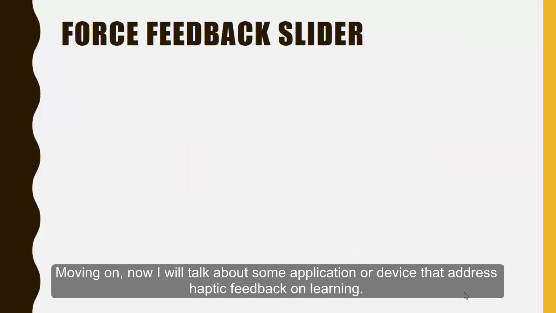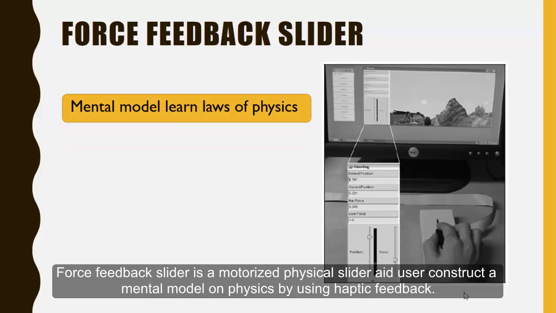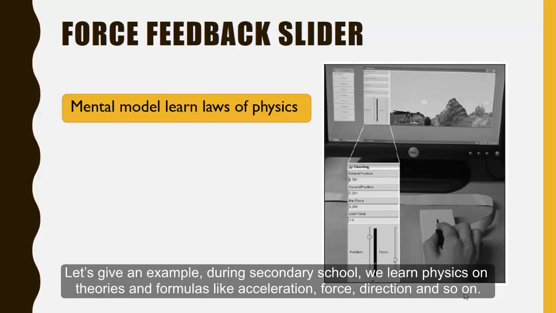Moving on, now I will talk about some applications or devices that address haptic feedback in learning. Force feedback slider is a motorized physical slider that lets the user construct a mental model of physics by using haptic feedback. Let's give an example.